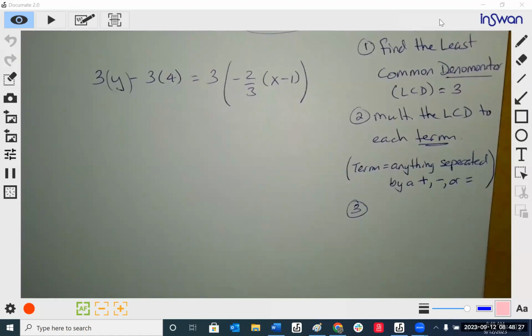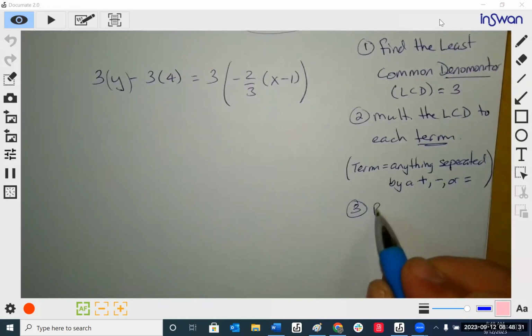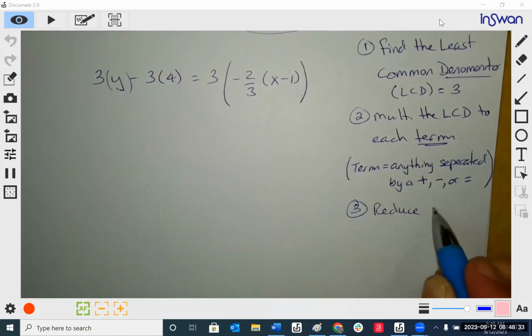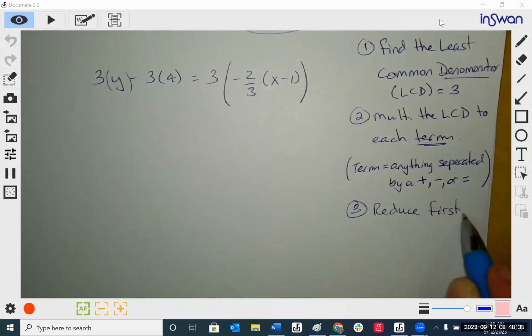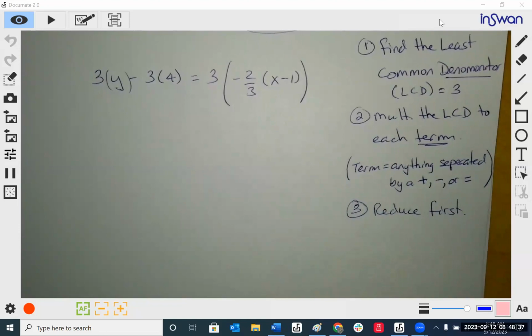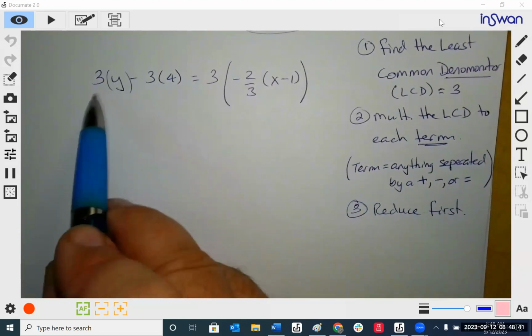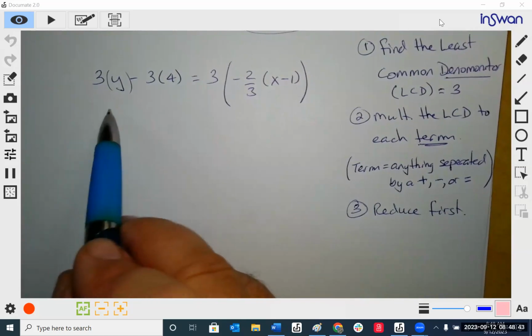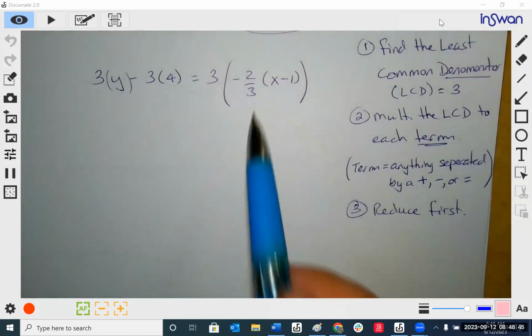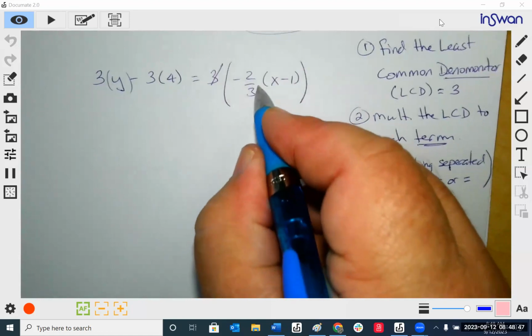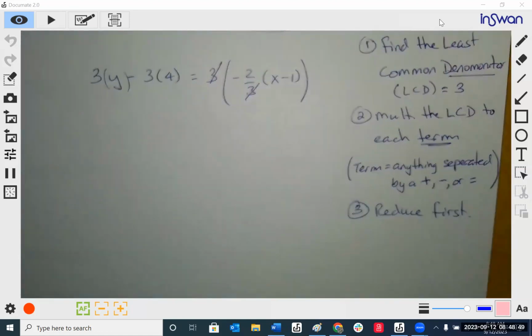Whenever you have fractions and multiplication, always reduce first. Cancel anything you can, top and bottom. Can anything cancel here? No, there's nothing on the bottom. How about here? This 3 and that 3 can cancel.